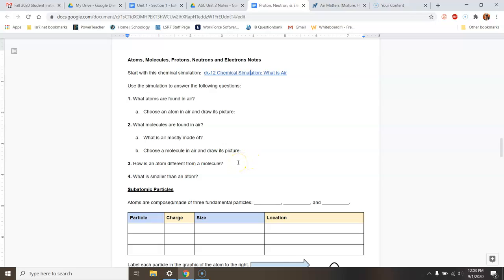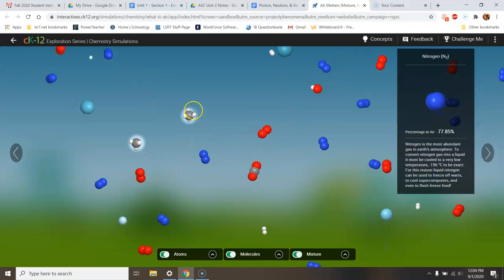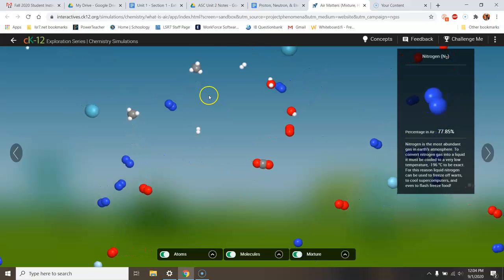How is the atom different than the molecule? Well, the atom has a single piece or a single element. The molecule has multiple pieces or multiple elements. And so if we dive into our picture here, see, those are molecules. See, they got multiple parts. Those methanes, I'm going to spin it around.